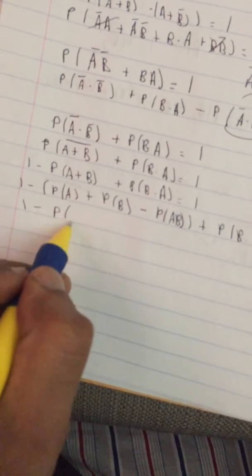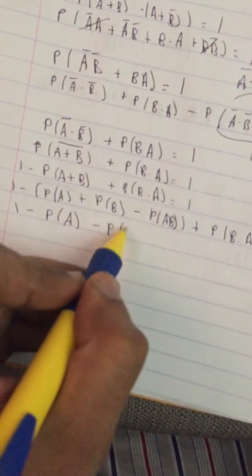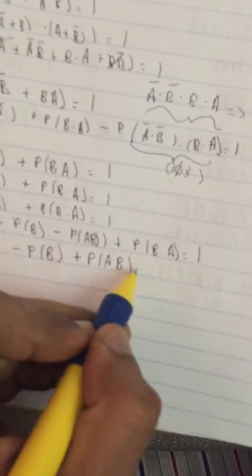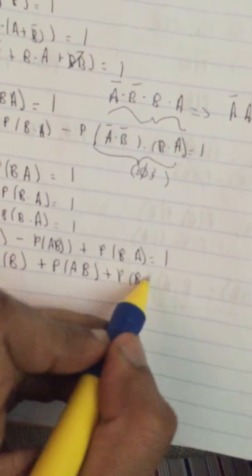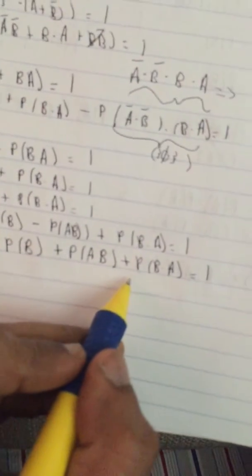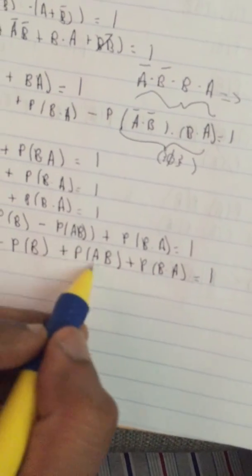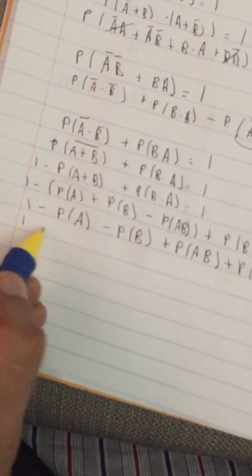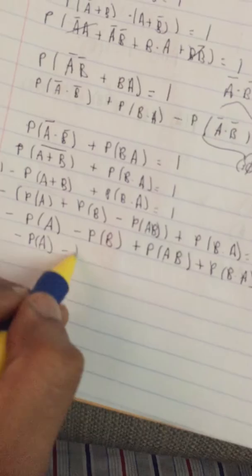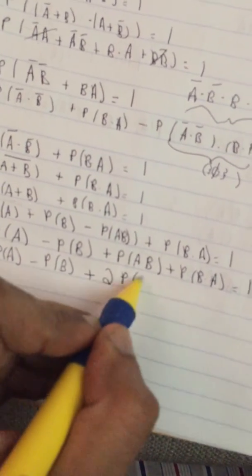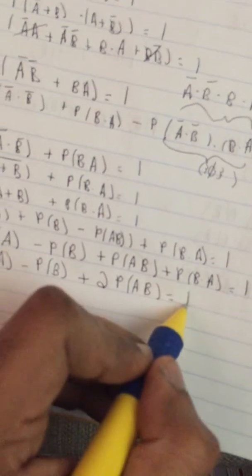Open this up: 1 minus probability of A minus probability of B plus probability of AB plus probability of BA equals 1. Now we can see that the probability of AB, the intersection of A and B, and the probability of BA are the same thing, so we can rewrite that as 1 minus probability of A minus probability of B plus 2 probability of AB equals 1.